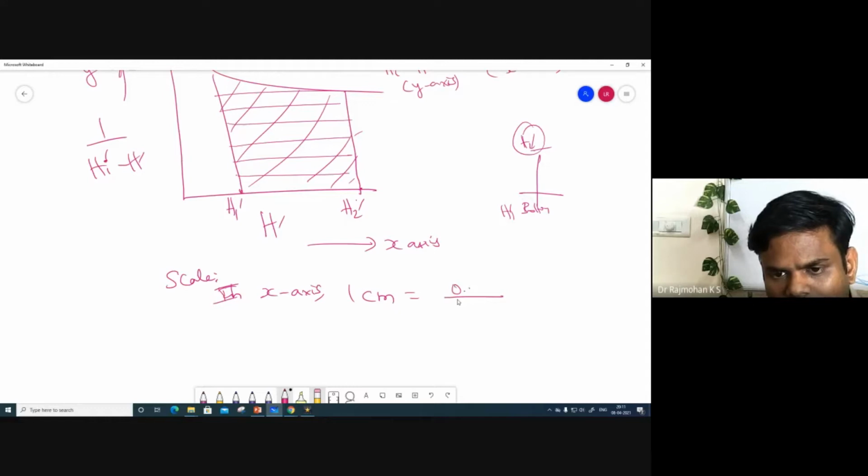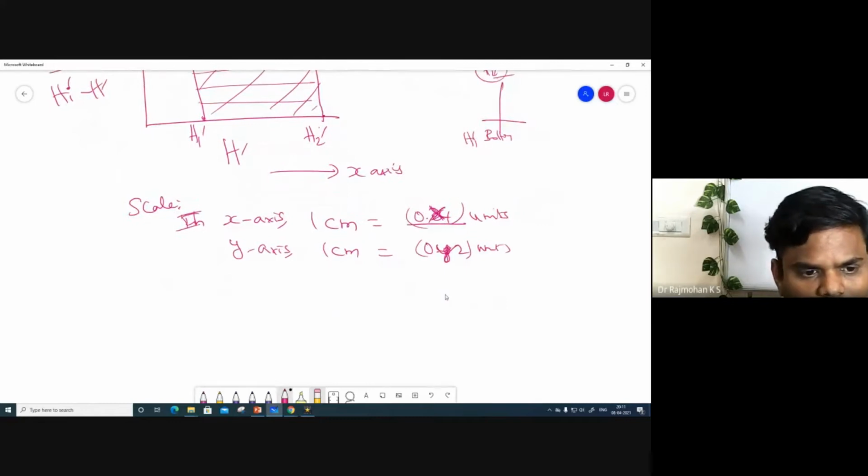Whatever it is, say for example 0.001 or 0.1 units. In the y-axis, 1 centimeter is equal to, say, 0.02 units. So whatever the value, let me put it as small x and small y.